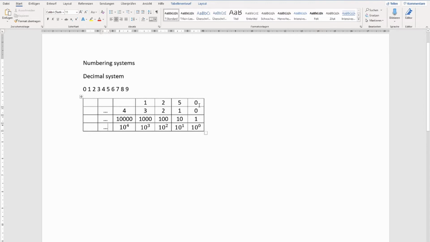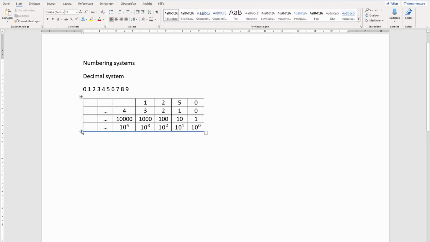And here you can see how these corresponding numbers of the digits correspond to the value of one digit. Every time 10 raised to the power of whatever position. Easy.